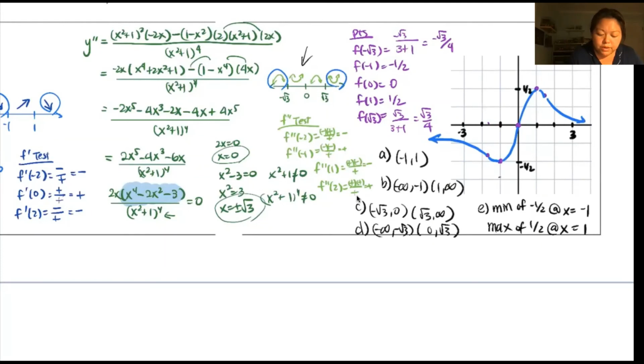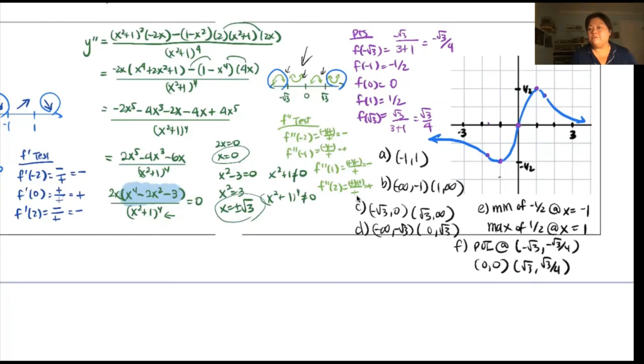And last but not least, we have some inflection points because our concavity changed every single time. So we have points of inflection at a couple points. We have (-√3, -√3/4), (0, 0), and then (√3, √3/4). So those are our points of inflection.